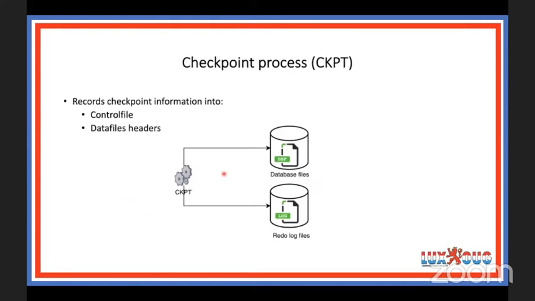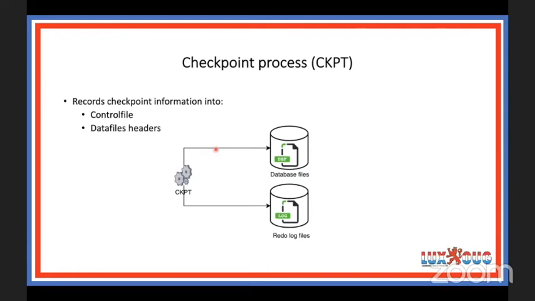Checkpoint process is a very important process. It records checkpoint information into the control file and data file headers. Checkpointing is an important Oracle activity which records the highest system change number.